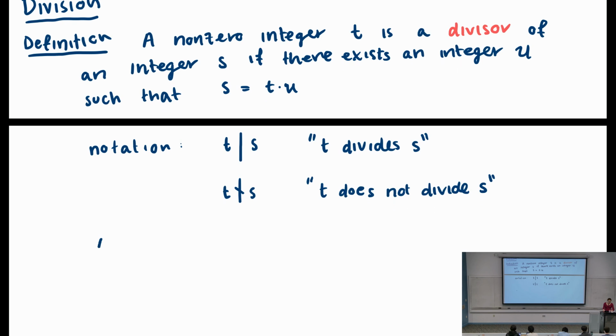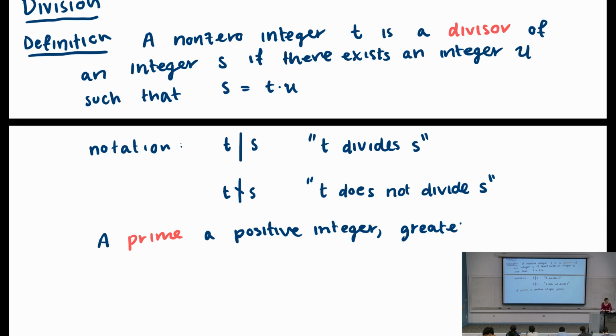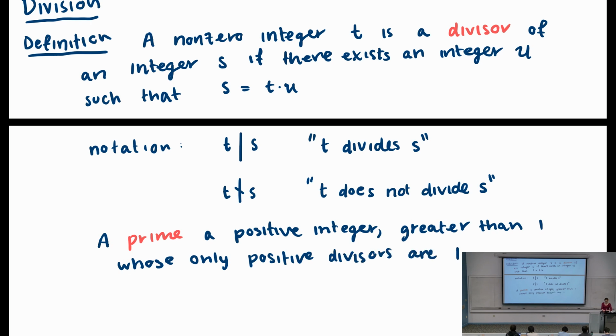Okay, and then a prime is just a positive integer greater than 1 whose only positive divisors are 1 and itself.